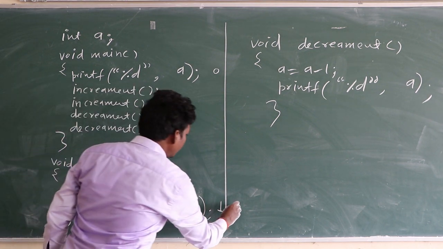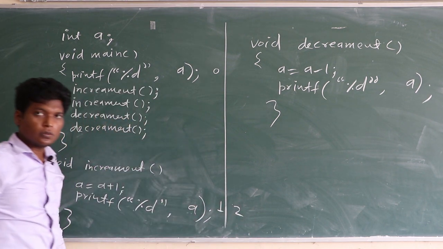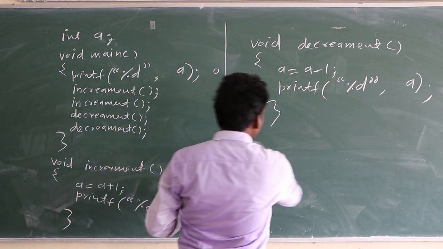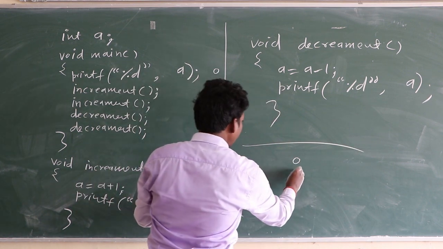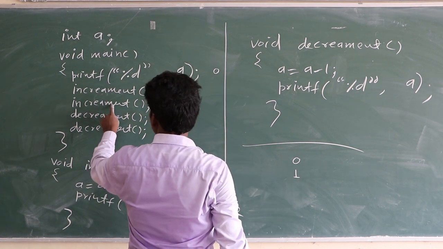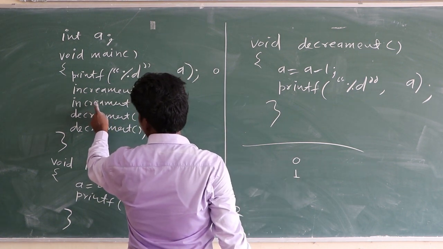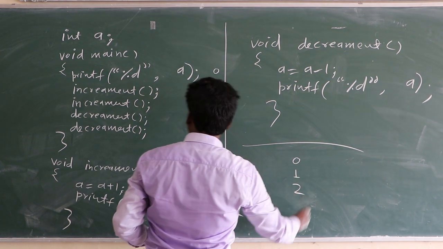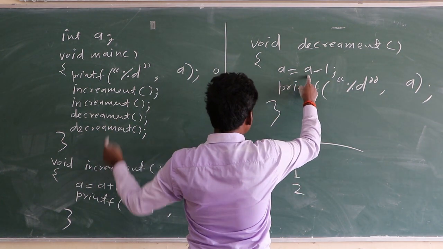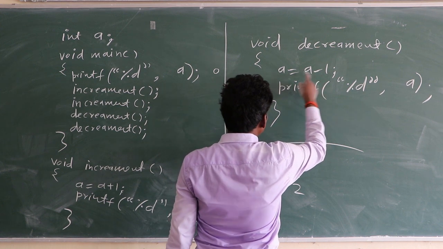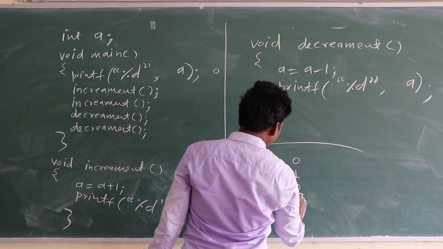So the output is first 0, second 1, then 2. When the decrement function is called, 2 minus 1 is 1, so 1 is printed.